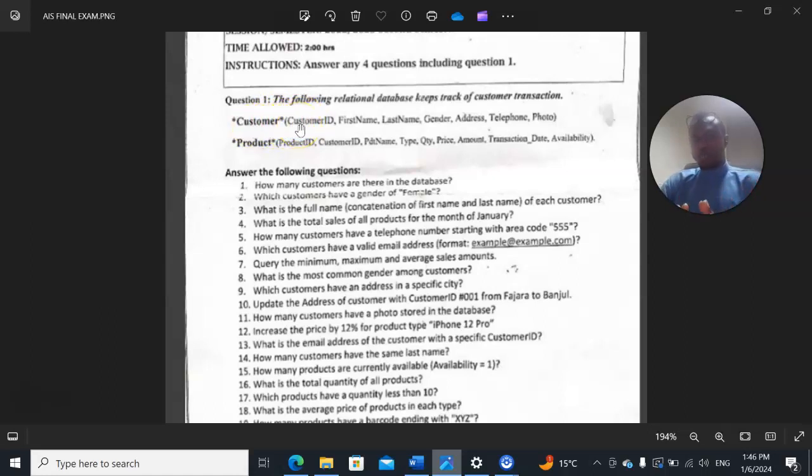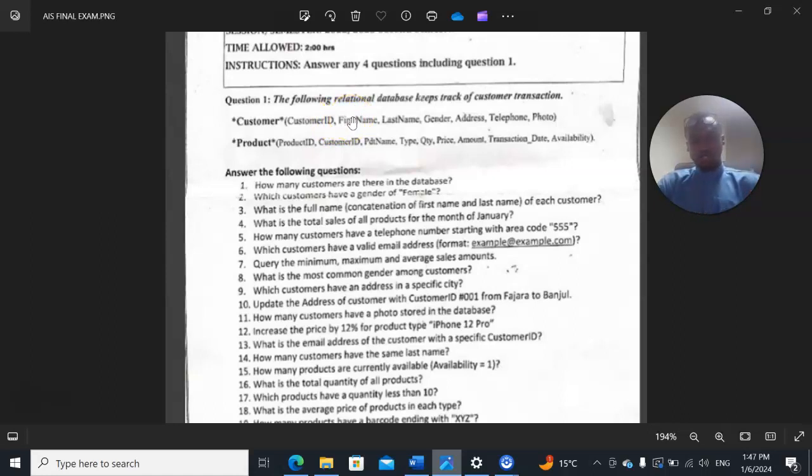We say each table must have a primary key, a unique identifier. So in this customer table, customer ID is the unique identification. Because to identify each customer, you have to set a primary key. For example, if you use first name as the primary key, what do you think will happen?